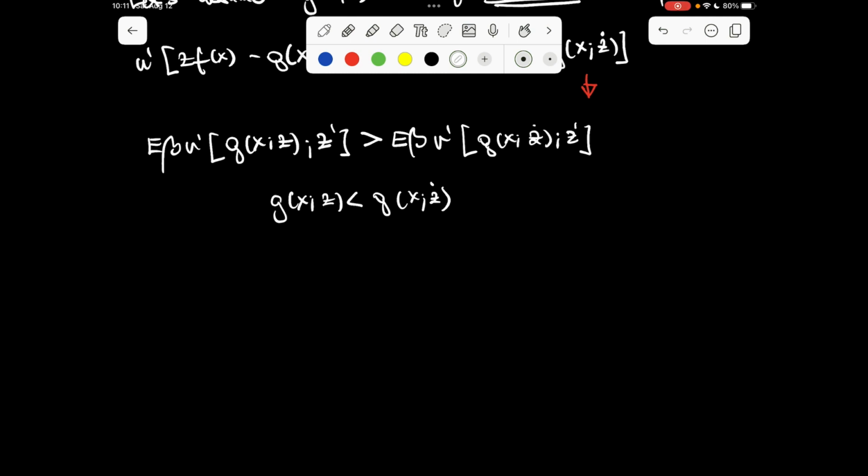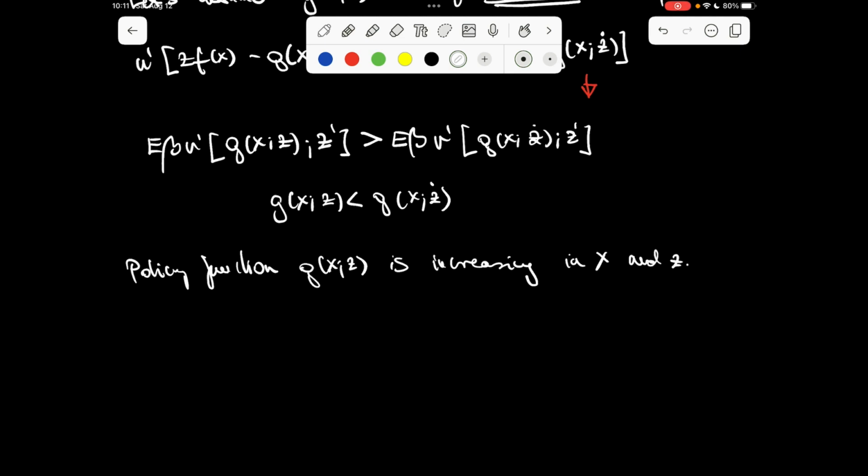So, given the fact that on the basis of our assumption we arrived at a contradiction, it follows that the assumption cannot be true. So policy function g is increasing in z. Okay, so we have just demonstrated that policy function g is increasing in x and z, in both of its arguments.